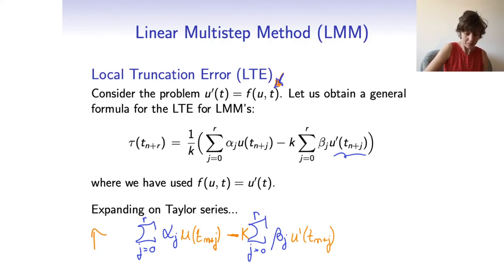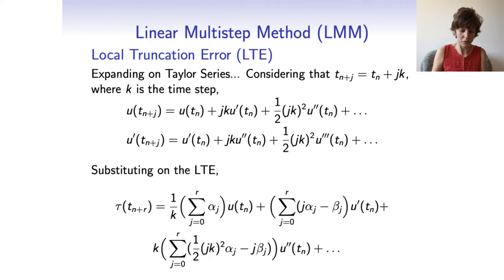So now this equality that we had before doesn't hold because it just holds for the approximation. And now when we substitute the exact solution, we have some residual, which is created by substituting the exact solution into it. So now we are going to do some Taylor expansion at this term and this term.